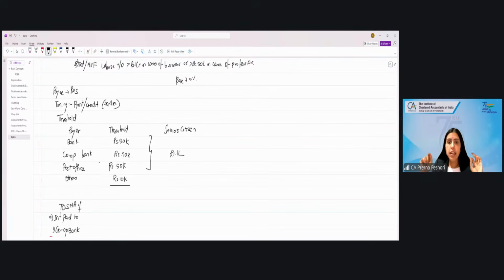So the CBDT had clarified that this limit is not to be applied where the banks have a core branch banking solution software, a CBS software.